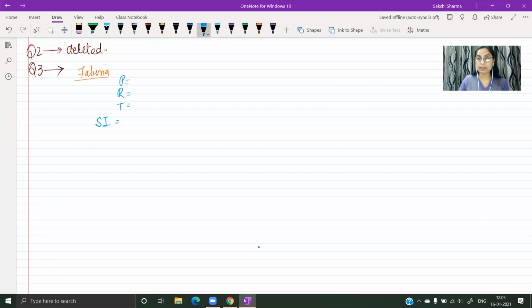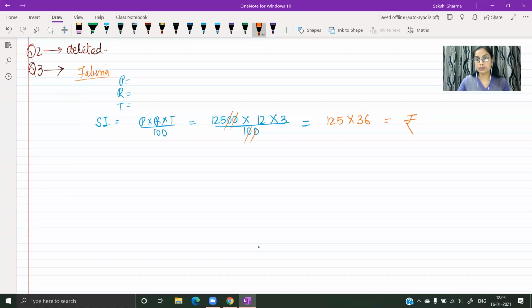Since she will be paying simple interest, the formula will be this. The principal is 12,500. Rate of interest in case of Fabina is 12% per annum. The time period is 3 years. Tell me what the answer is.